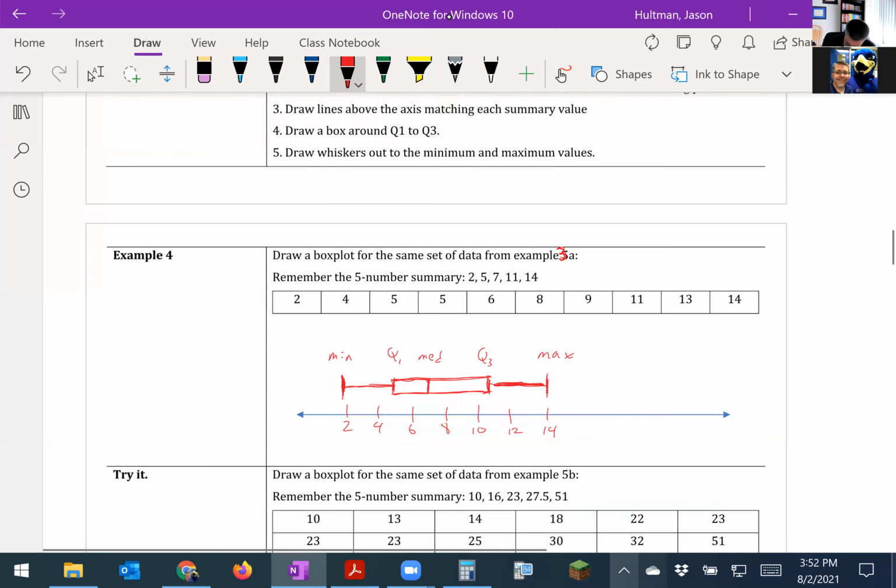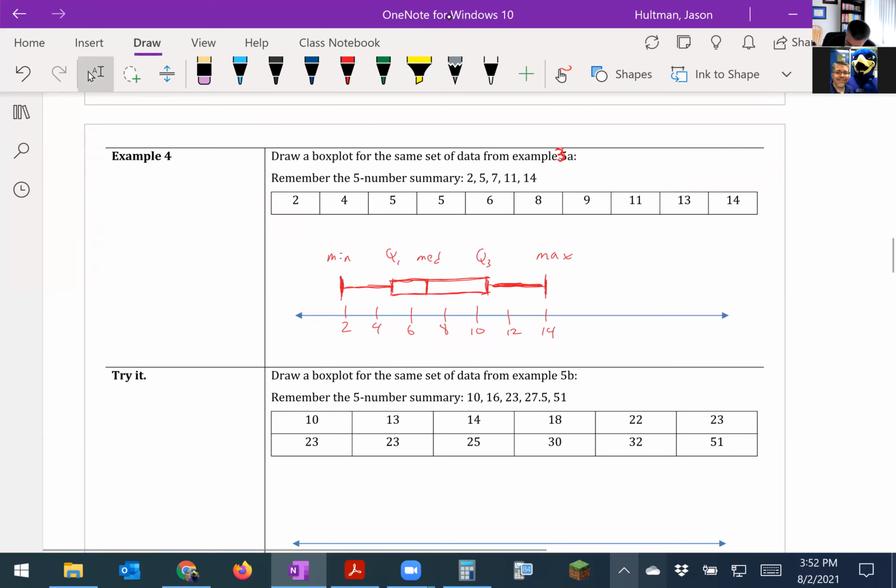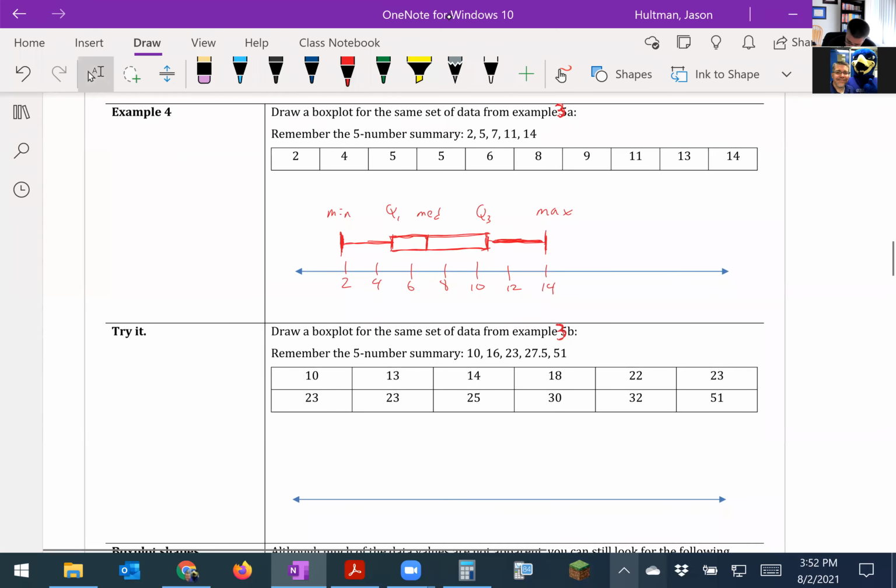Okay, so here's the set of data from example 3B. Okay, so we have 10, 16, 23, 27.5, and 51 as our 5-number summary. So let's try doing this again. Okay, so we're going to go from 10 to 51. So maybe I want to go by 10s this time instead of 2s, right?